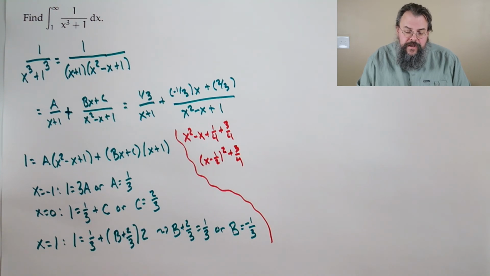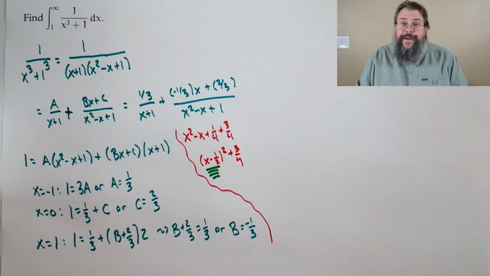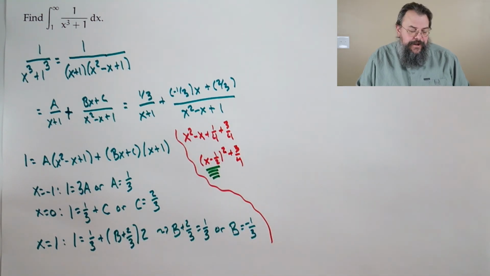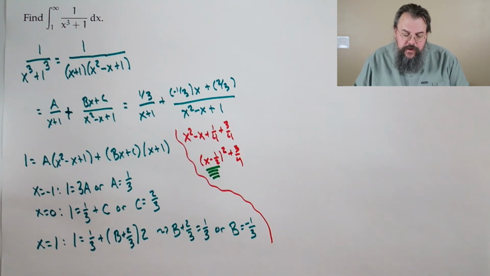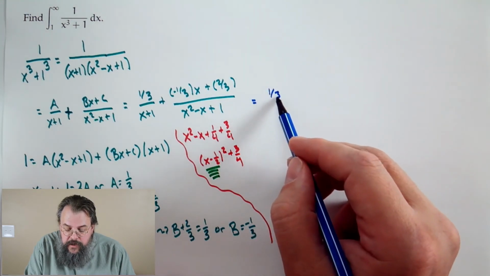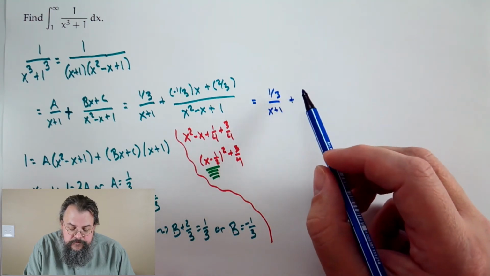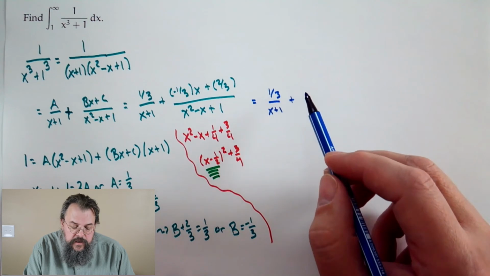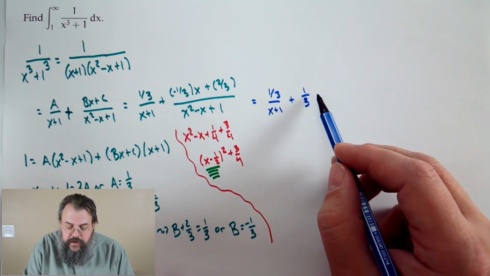Cool. Fantastic. So, how is this going to help us? Well, the key here is that I really want to make the upstairs look like x minus a half. That's going to be our key as we go forward. So, let's keep rewriting. We have the 1/3 times x plus 1 plus, well, let's go ahead and factor a third out, because both of the terms have a third.